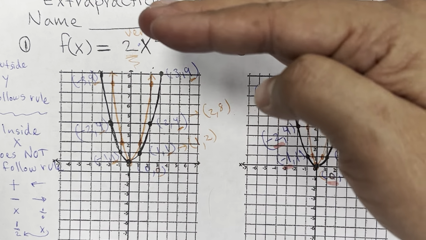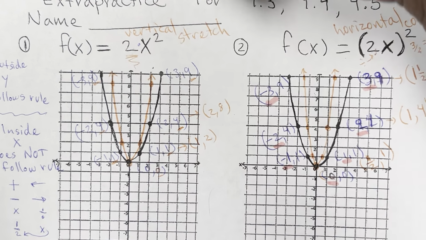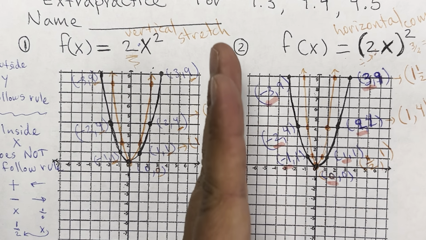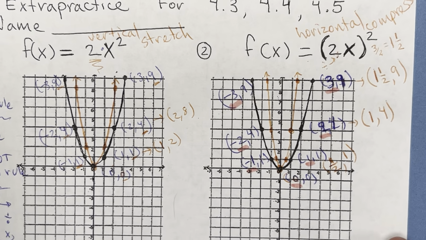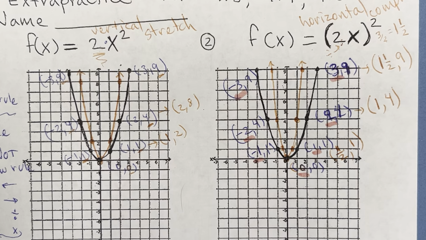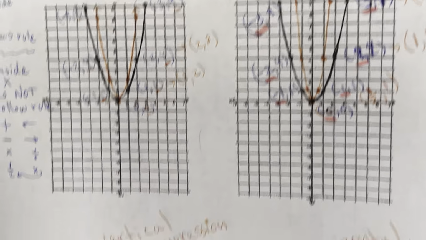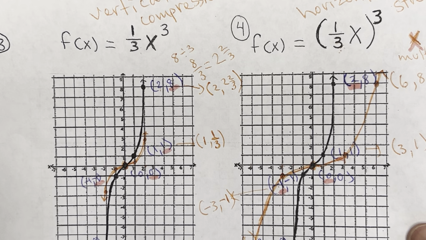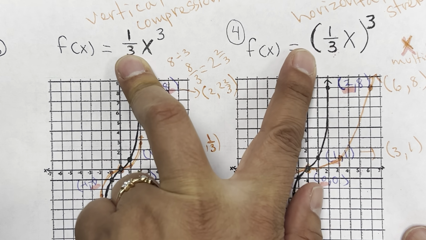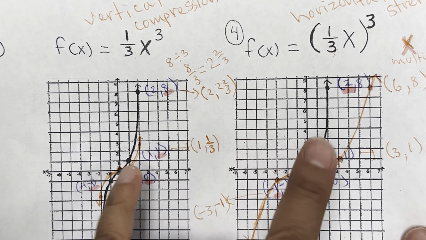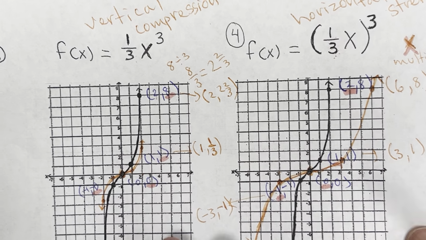This is a vertical stretch, and on here is a horizontal compression. So compare those so that you can look at the differences and similarities. Similarity in the coefficients, but inside and outside have different effects.